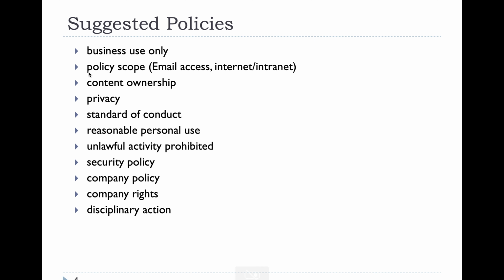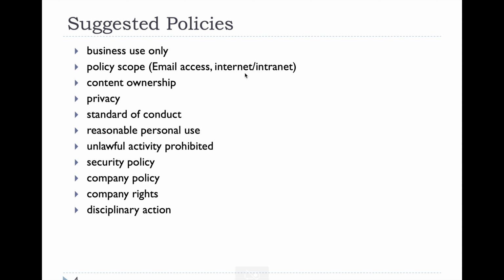Another policy is the policy scope, meaning what kind of access to email is allowed. Are you allowed to communicate with people outside of the company? With contractors? Or only with people within the company? What policies have you decided on for email in terms of scope?